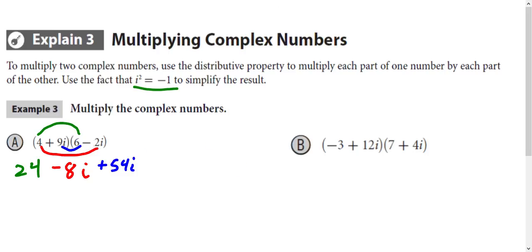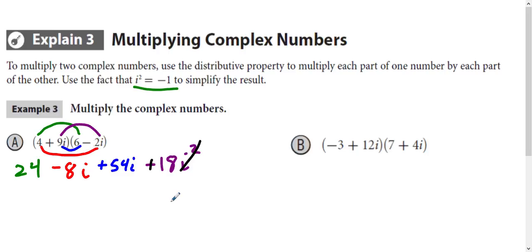And then last, 9i times negative 2i. So 9 times negative 2 is negative 18. i times i is i squared. i squared is negative 1. So this i squared with a negative 18 makes it be positive 18. Changes the sign. You can cross it out and change the sign.